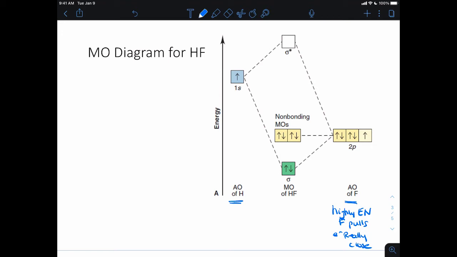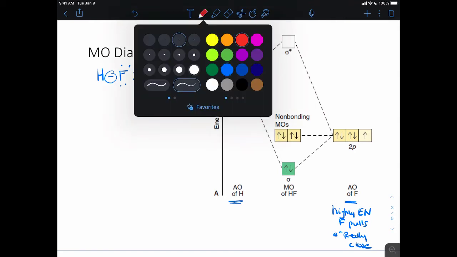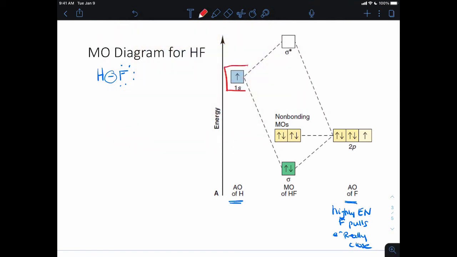When you think of hydrogen and fluorine, you think of a Lewis structure that looks like this. You're only anticipating a single bond, a single connection, and hydrogen only has the one electron to offer up. So when you do your MO diagram, we take the s orbital from hydrogen and one of the p orbitals from fluorine, both shorthanded here and missing an electron.